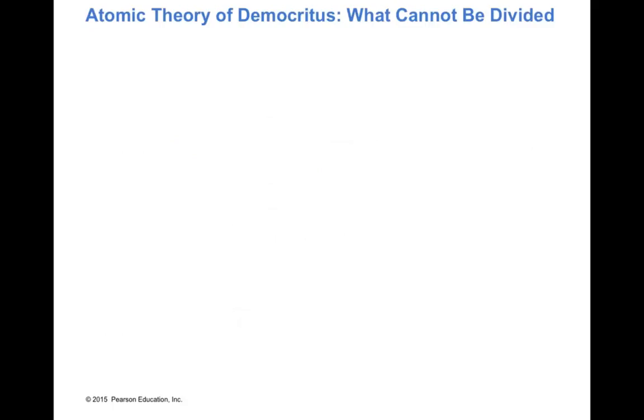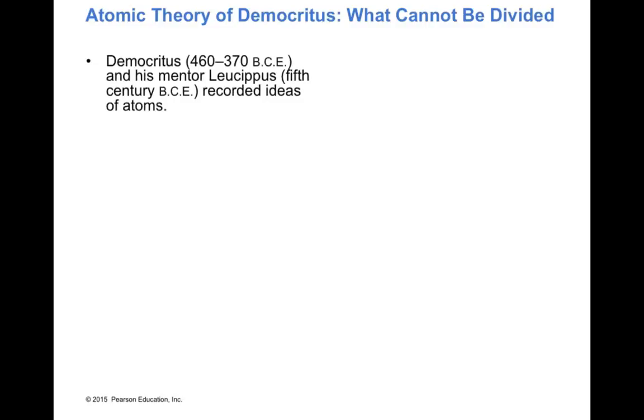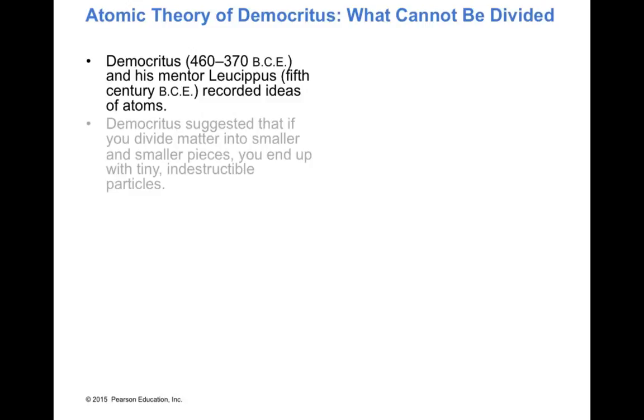The concept of the atom has been known since ancient Greece. Democritus and his mentor Leucippus recorded ideas of atoms. Democritus suggested that if you divide matter into smaller and smaller pieces, you end up with tiny indestructible particles.